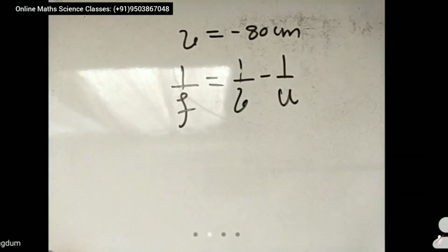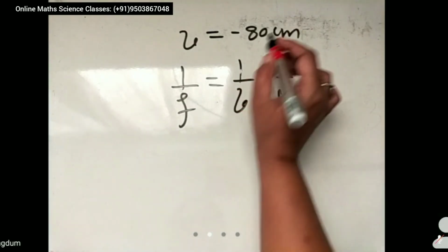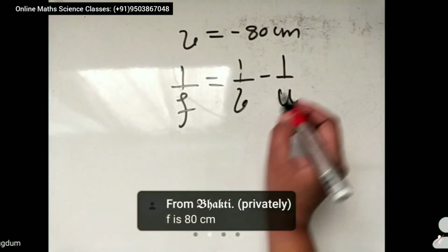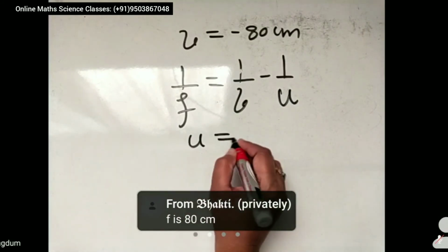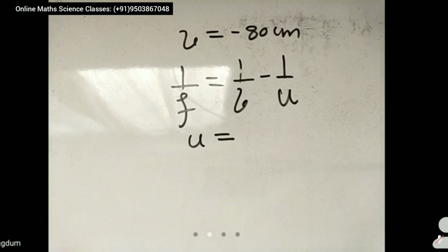So we have taken it negative. In this myopic problem, always we are going to use this value. 80 centimeter is the right answer, but it should be minus 80 centimeter, right? Because you are finding focal length, and focal length will always be negative in a concave lens.